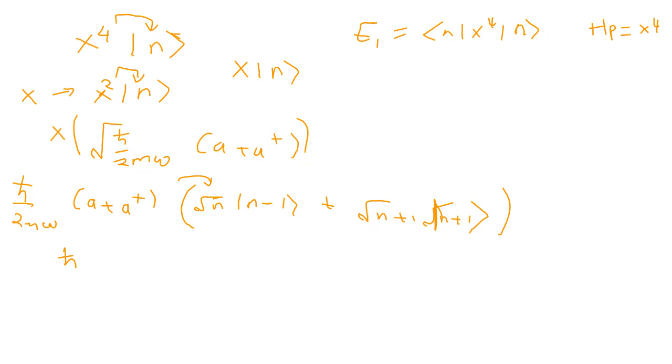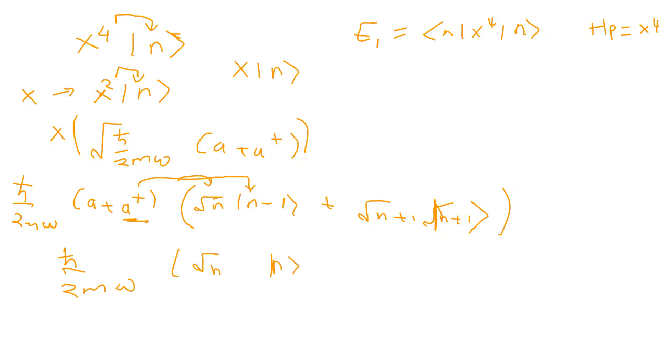Let's only look at this one because of time. ħ over 2mω, square root of n. When a† acts there, it raises it by 1, so n−1 plus 1 will just give you n.